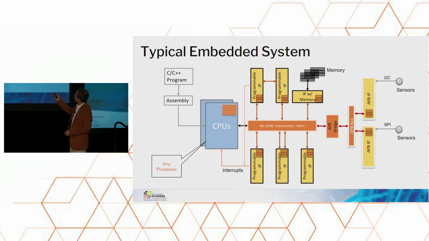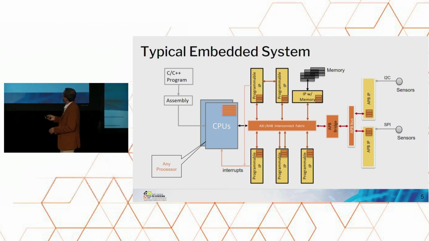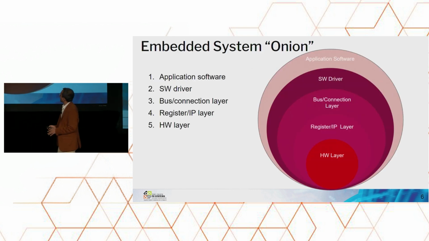All these are being accessed by the CPUs, and you program the CPU through C or C++. And on this side, we have the sensors for bringing in information from the outside world. So that's the typical embedded system that I'm talking about.